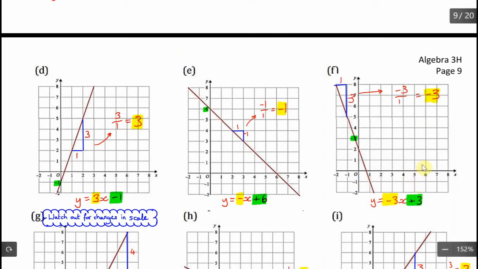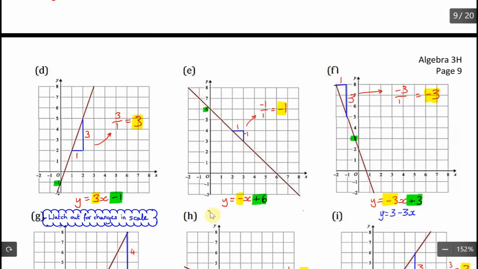Just one thing to mention with this last one, we could also write that as y equals 3 minus 3x. And sometimes you'll see it written like that because mathematicians like to start with something positive if they have anything positive.